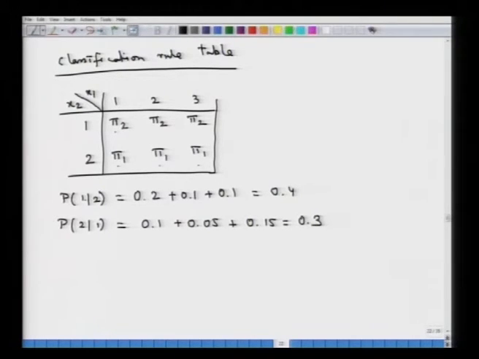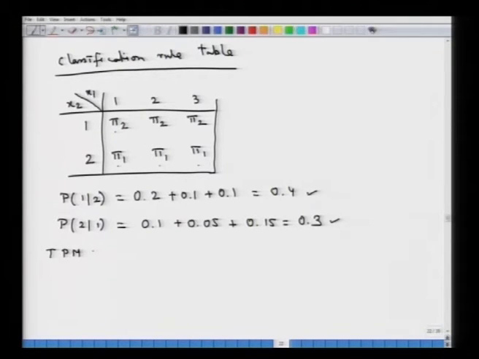Now, given that we have obtained for this TPM rule that this P12 is this and P21 is this, remember that this total probability of misclassification is the minimum possible, because the classification rule we obtained actually minimizes the total probability of misclassification.